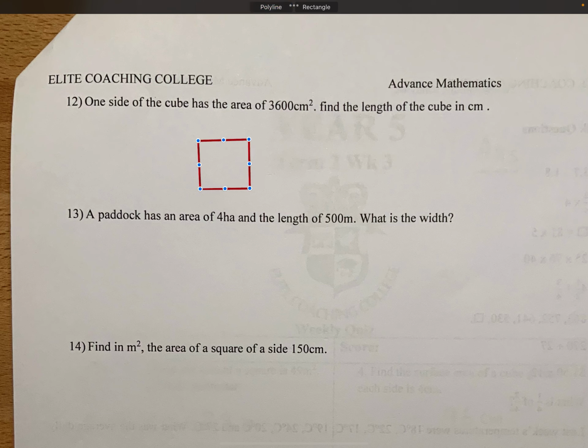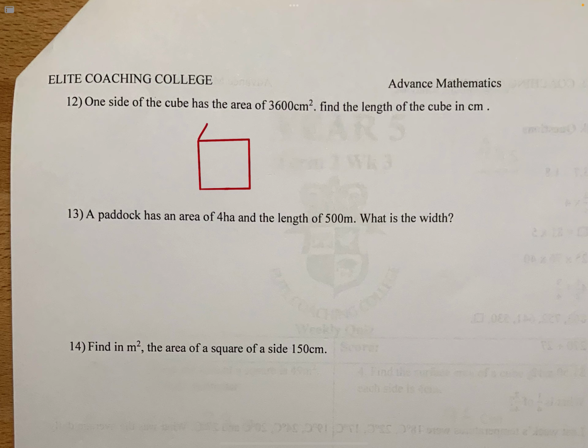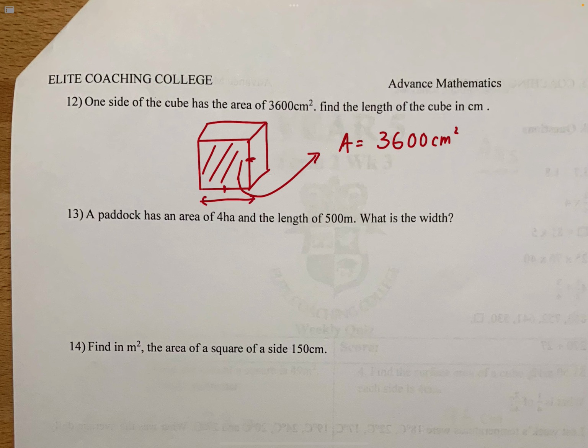There's your cube. Now one of the areas, let's say this area here, equals 3,600 centimeters squared. So what is the length of this cube? How long is the side length?